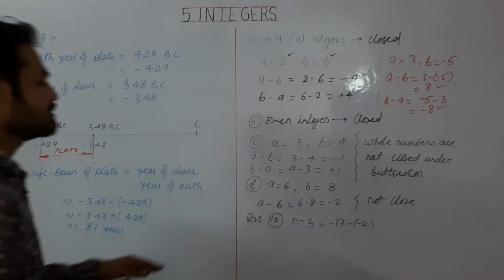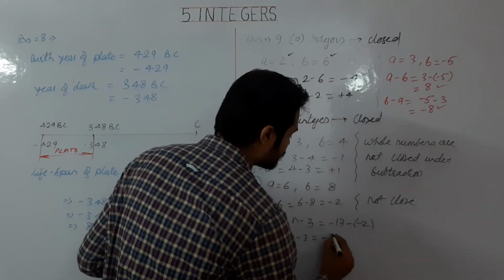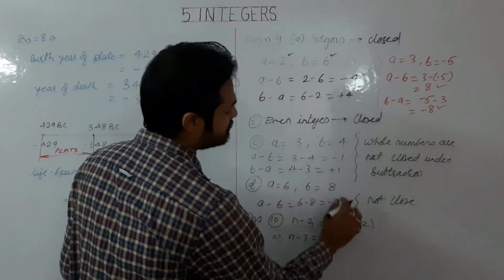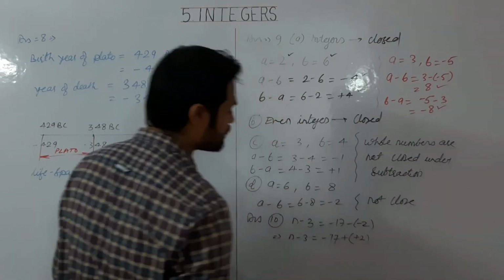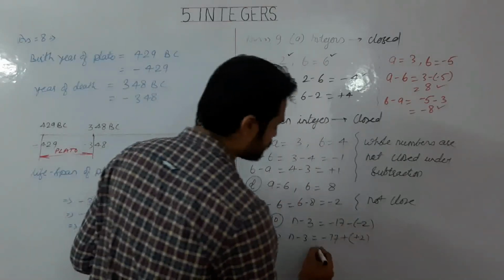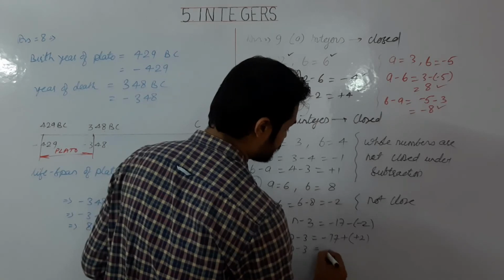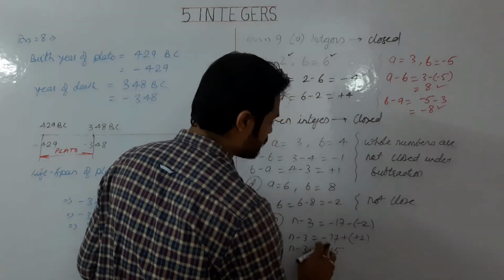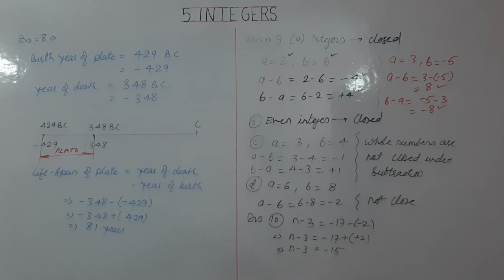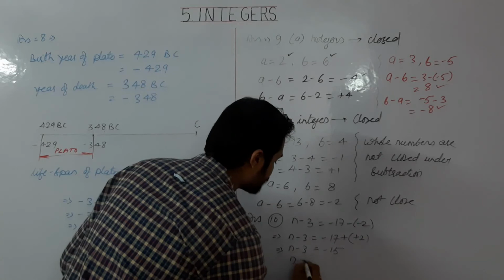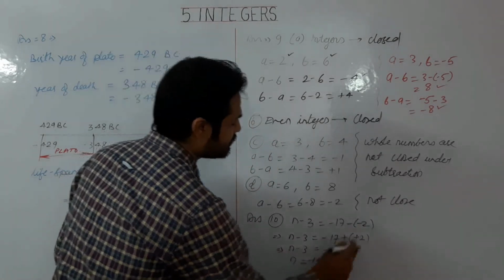So what to do? In the next step, n minus 3 equals minus 17, and we have to replace this negative sign, so write plus, and opposite of 2, plus 2. So minus 17 plus 2 will be minus 15, with n minus 3 as it is. Now in the next step, change the place of minus 3.